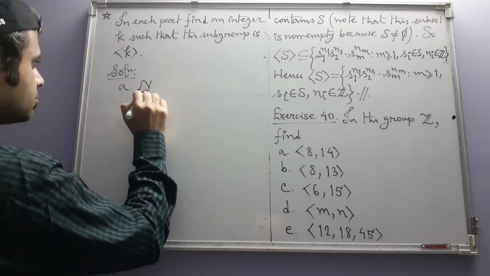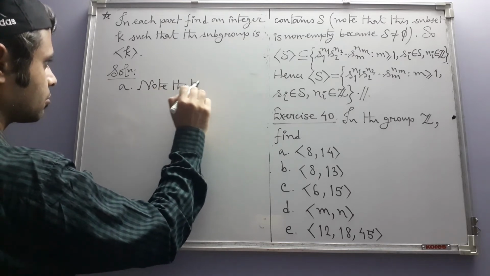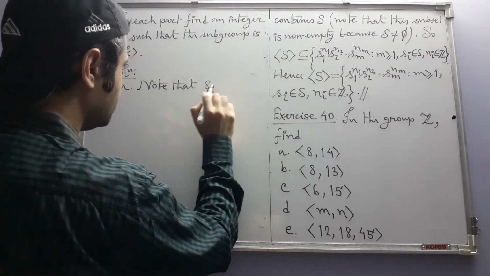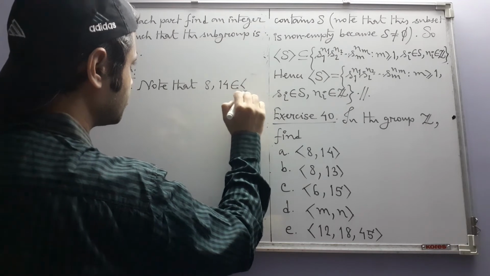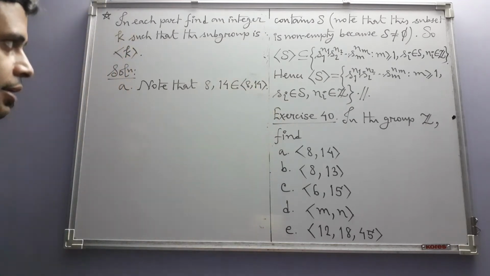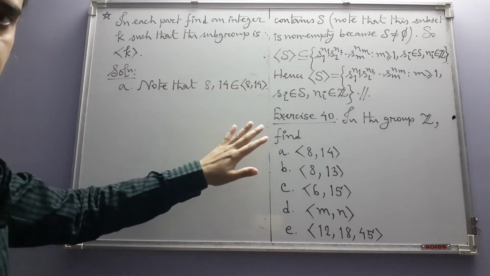Note that 8 and 14, both of them of course belong to this, because by definition it's the subgroup generated by the set {8, 14}.